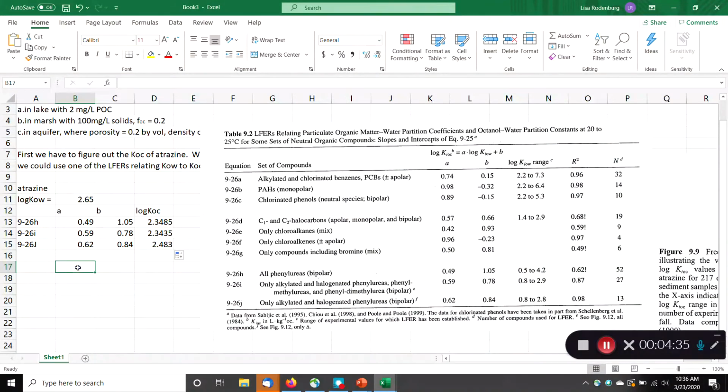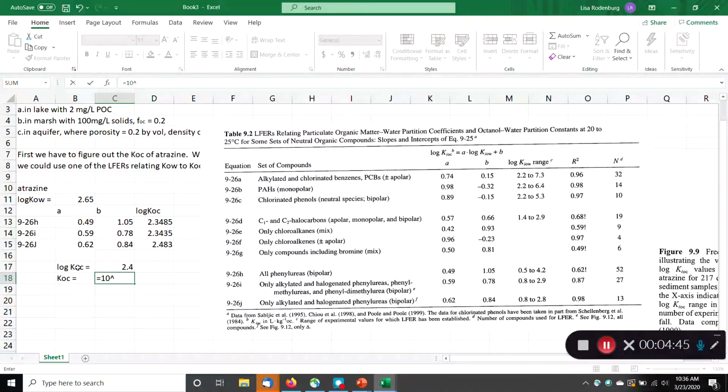So for the purposes of this illustration, let's use 2.4. And so that means that our KOC is 10 to the 2.4, about 251. Too many decimal places. I hate it when you have too many decimal places. It drives me crazy. All right, so here's a reasonable value of KOC, about 250.